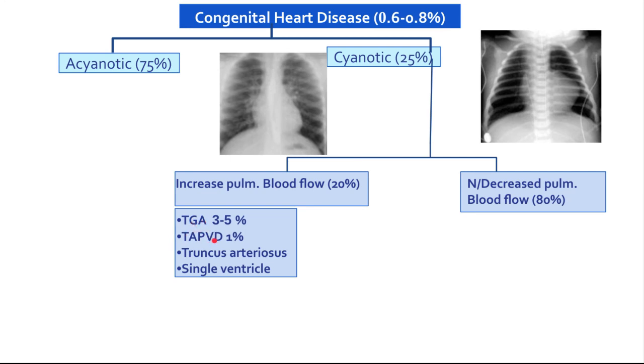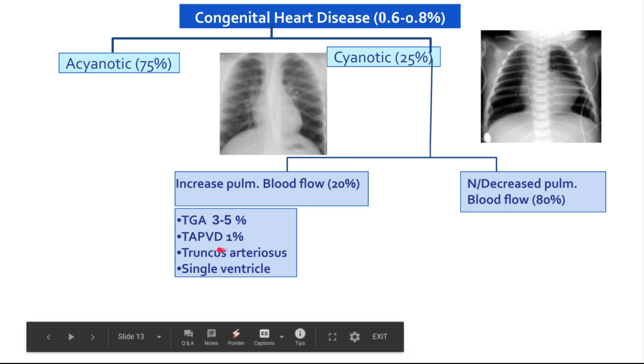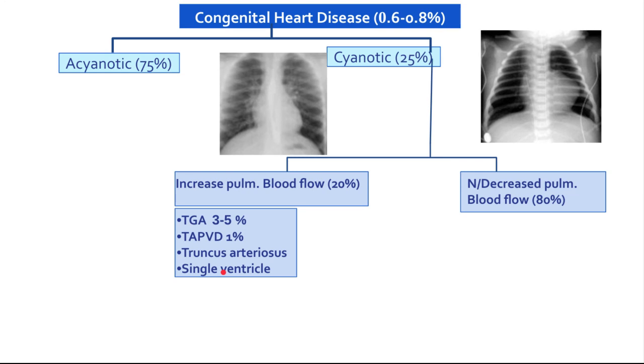Then TAPVD is a pre-tricuspid shunt, leading to good mixing of both oxygenated as well as deoxygenated blood in the right atrium. Then truncus arteriosus is single ventricle physiology with increased pulmonary blood flow, and single ventricle without PS will lead to increased pulmonary blood flow, because without PS there is decreased pulmonary vascular resistance in comparison to systemic vascular resistance, so pulmonary blood flow will be more.